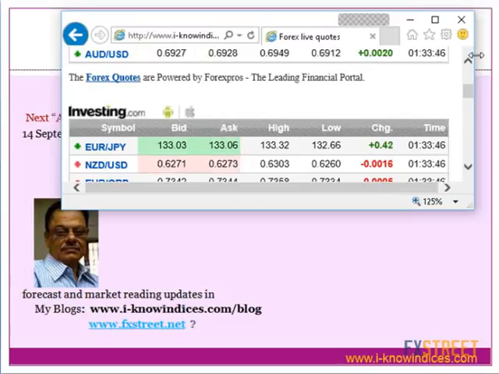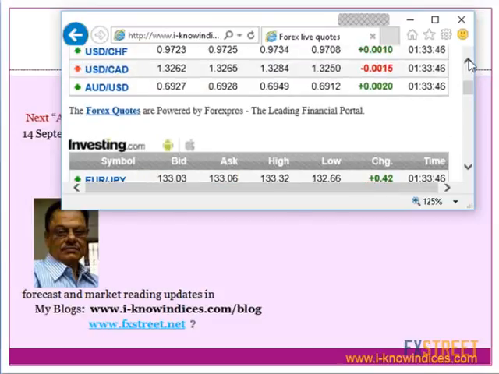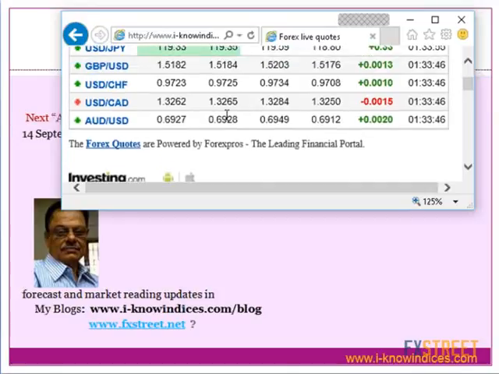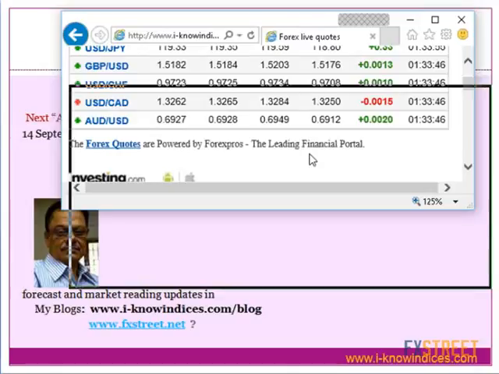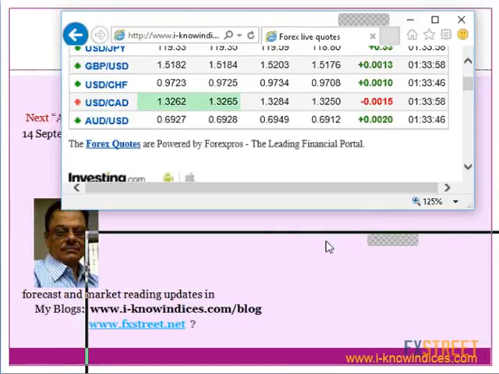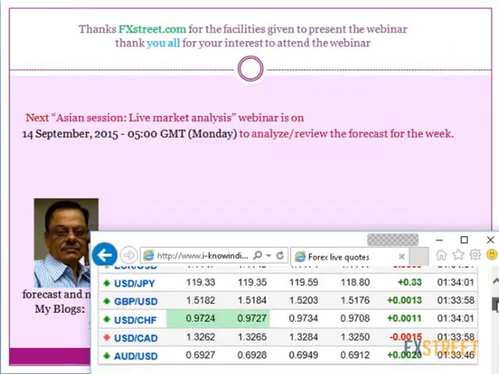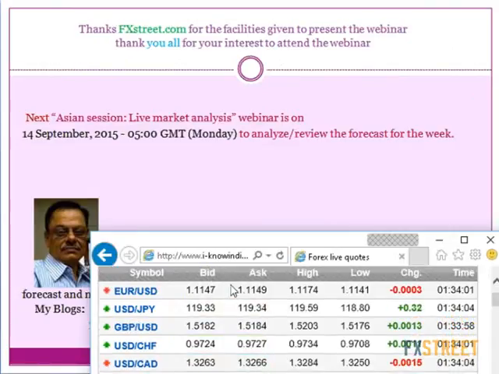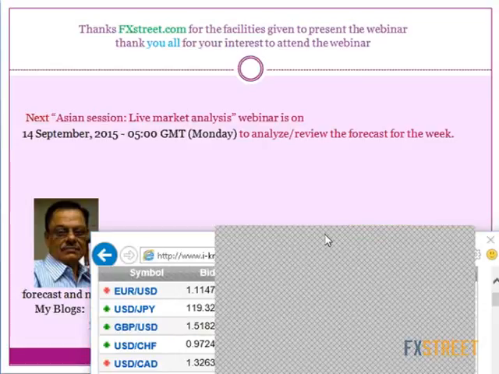And when the New Zealand dollar is making a 16 pips negative net change, Aussie is making a 20 pips positive net change. You come across such moves because not many traders take positions in the New Zealand dollar and also the crosses. So it is not the major players who are making the moves in the New Zealand dollar.